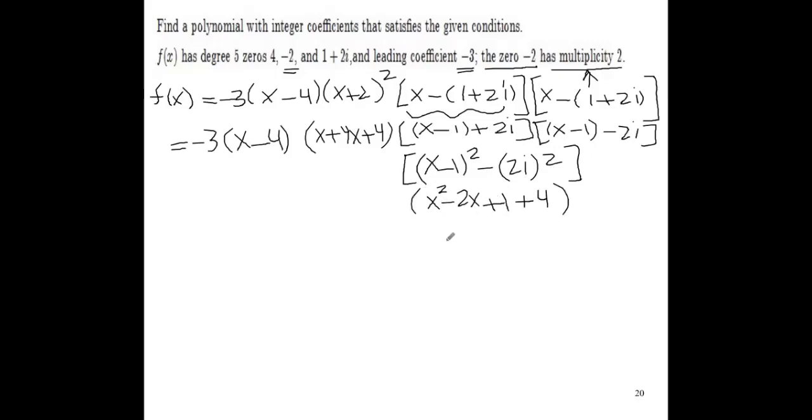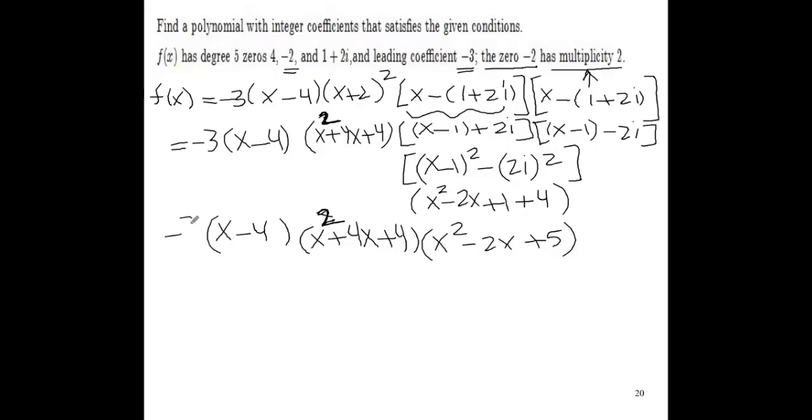So we have x squared minus 2x plus 5 times, here we have a square here, we missed that earlier. That would be x squared plus 4x plus 4 times x minus 4 times minus 3.